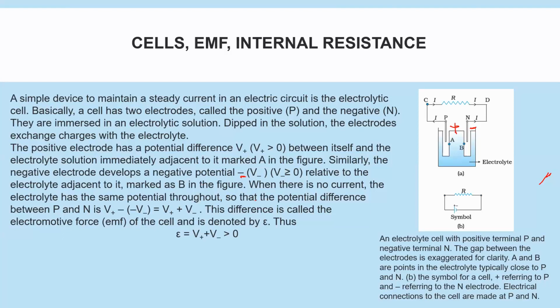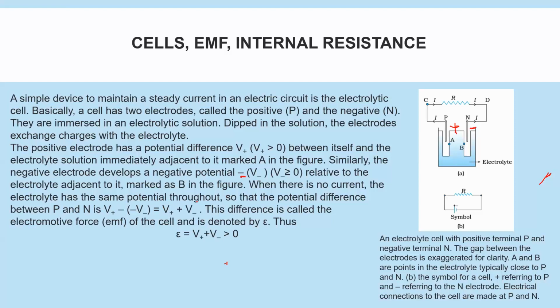When there is no current, the electrolyte will have the same potential throughout. So the potential difference between P and N is only the difference in the potential of the two electrodes. The electrolytic potential will have no effect since there is no current.